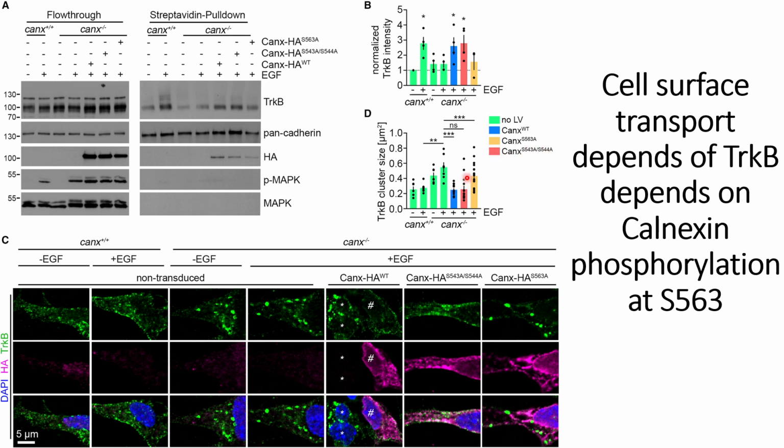So this further confirms that phosphorylation at serine 563 of Calnexin is important for the transport of TrkB from the endoplasmic reticulum to the cell surface.